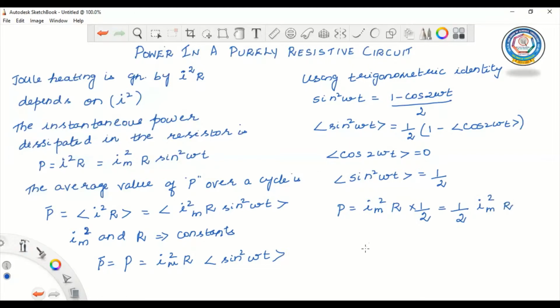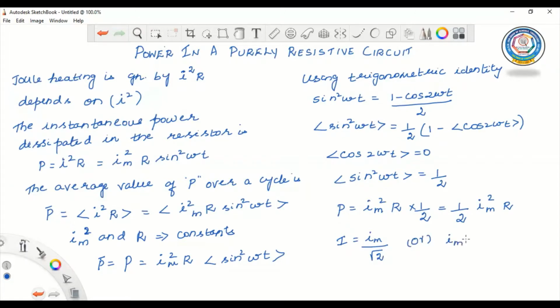In order to express AC power in the same form as DC power, we use the RMS value. I is equal to Im divided by root 2. Hope all of you remember this.